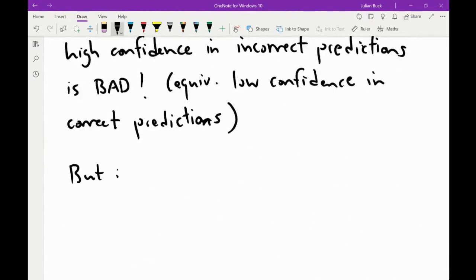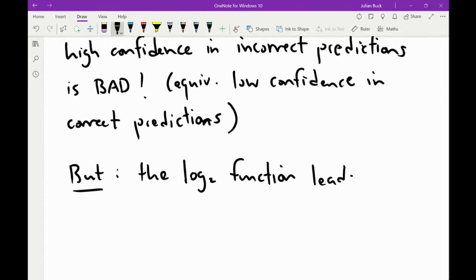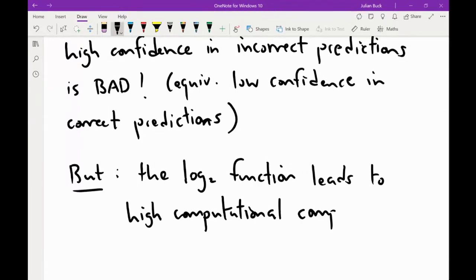So this is our but here. What the issue is with this is the log base 2 function leads to high computational complexity. Because remember, we're not actually going to do any of this by hand.